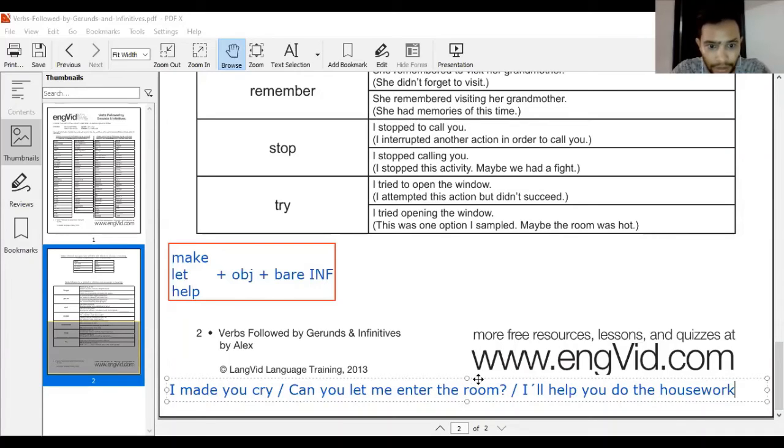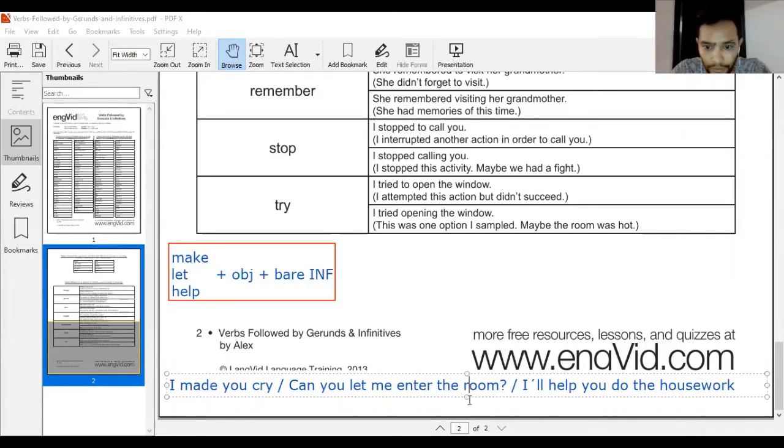Now, there is something that you must take into account right here. The verb help, only the verb help is an exception because you can use it with the other pattern that I already gave you, like object plus infinitive with to.